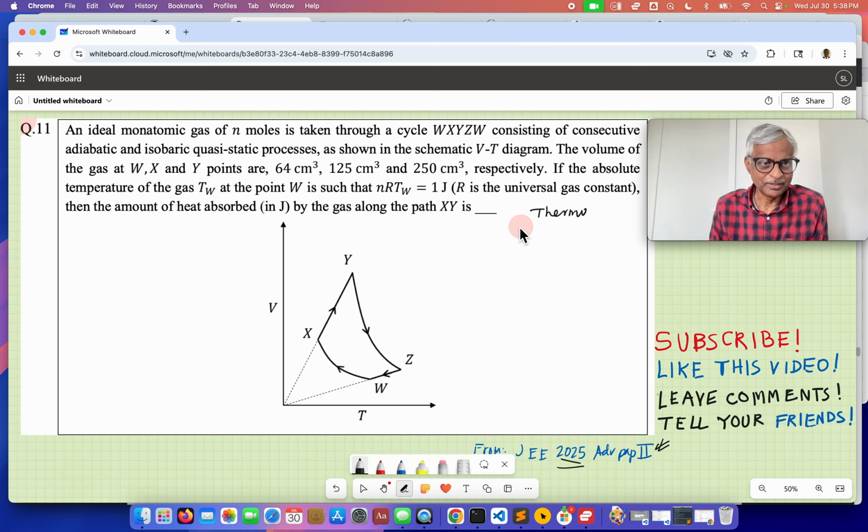And the system is an ideal gas, pretty good. It's a monatomic gas, so all of these have information. It has n moles, whose value is not given.